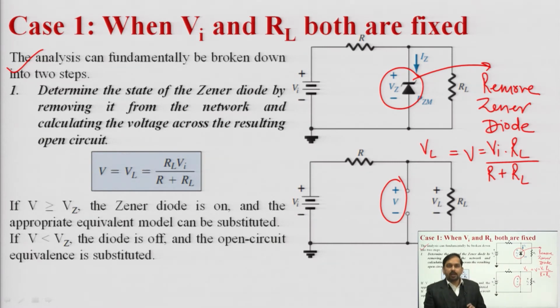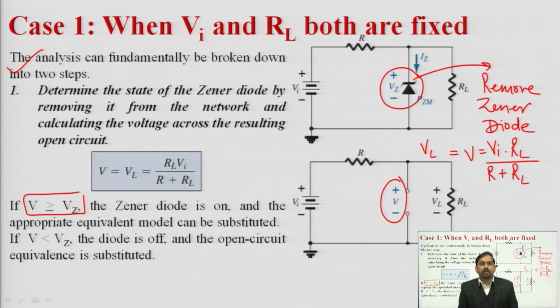So, we need to check whether this Zener diode is on or off. If the condition V is greater than or equal to Vz, then we can say that the Zener diode is in the on state. Once the Zener diode is on, we can replace this diode by its equivalent, which is a battery of Vz volt.